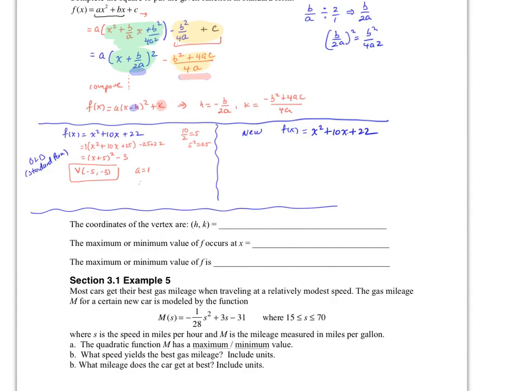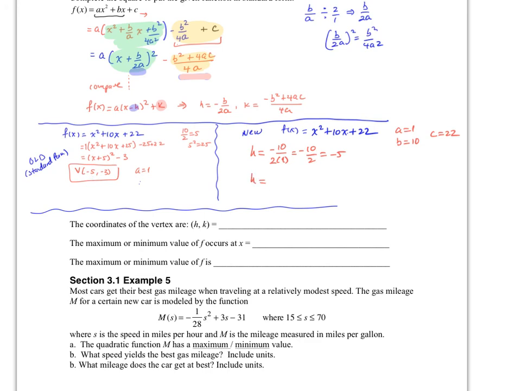Here the value for a is 1, the value for b is 10, and the value for c is 22. So the h value, or the x coordinate of the vertex, is going to be minus b over 2a, which would be minus 10 over 2, which is negative 5. And notice that's exactly the same value as here.